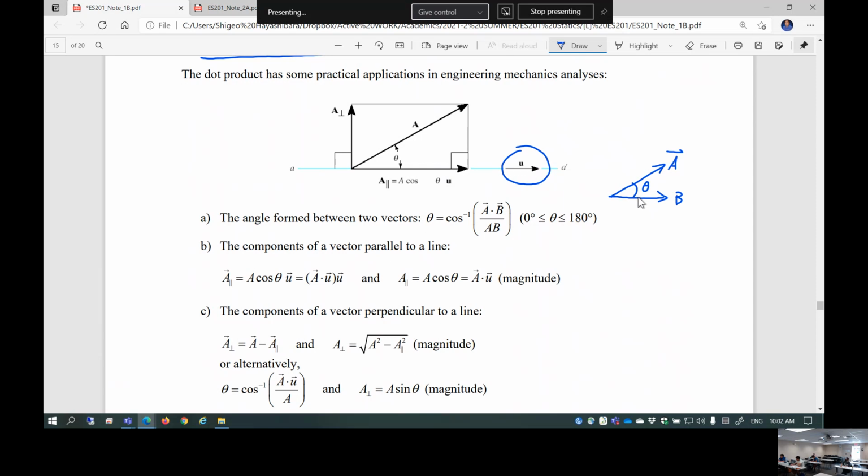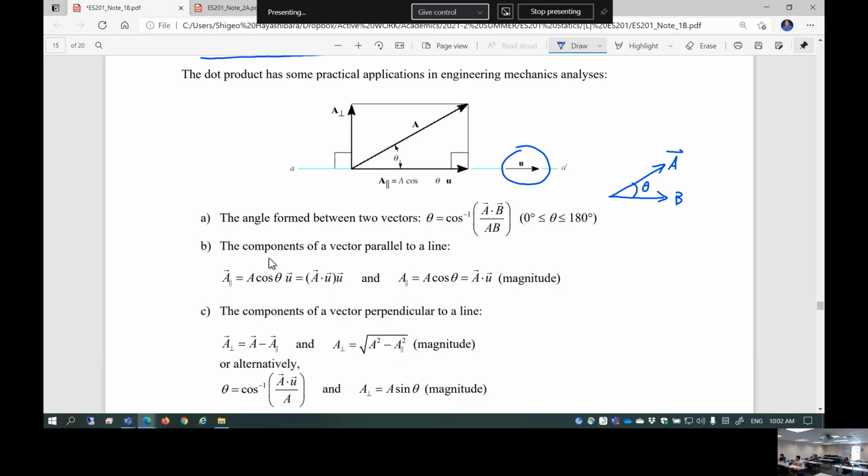I want to know this angle because I know both vectors. If so, simply do this. Theta is equal to inverse cosine of the dot product divided by the magnitude of both. If theta is less than 180, this is going to determine theta. Of course, this is a direct application of the dot product.